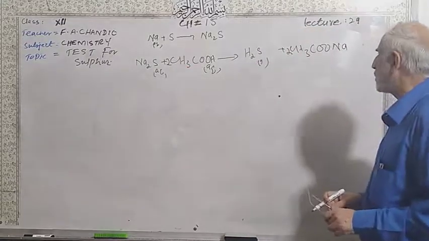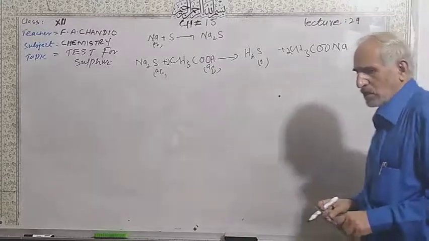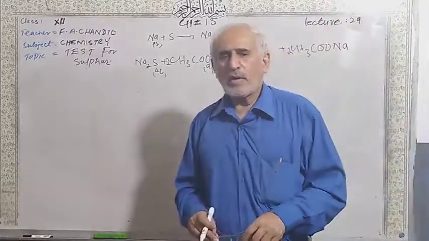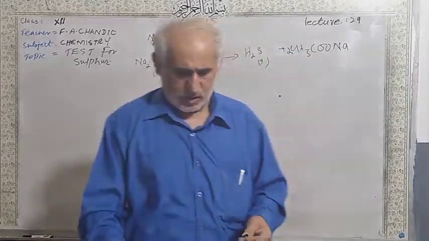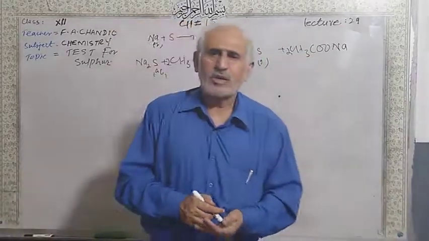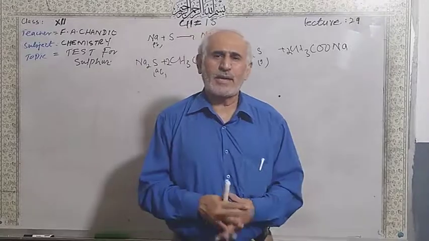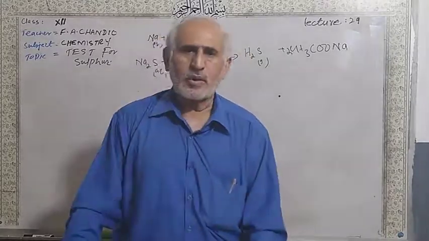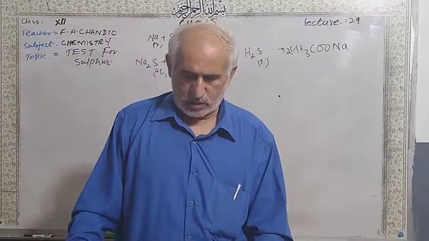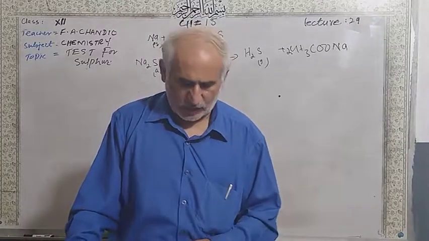Hydrogen sulfide and sodium acetate are going to be formed. Actually, hydrogen sulfide is a very bad smelling gas, which is formed in rotten eggs and in gutters and other places. So this is hydrogen sulfide gas.